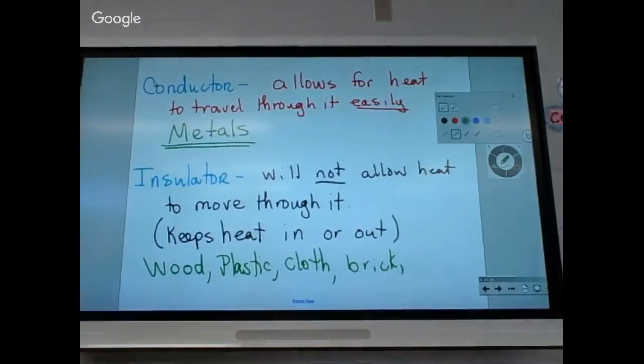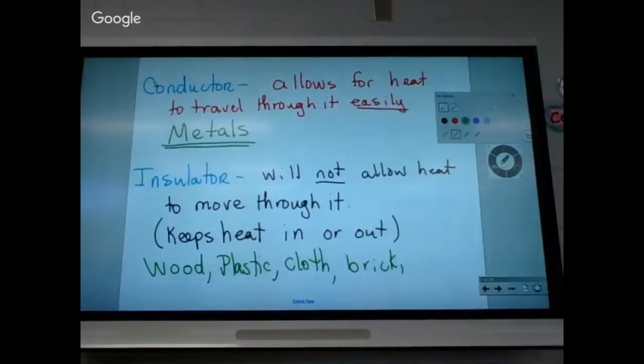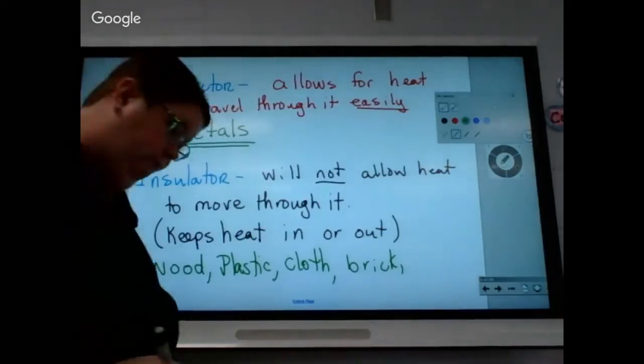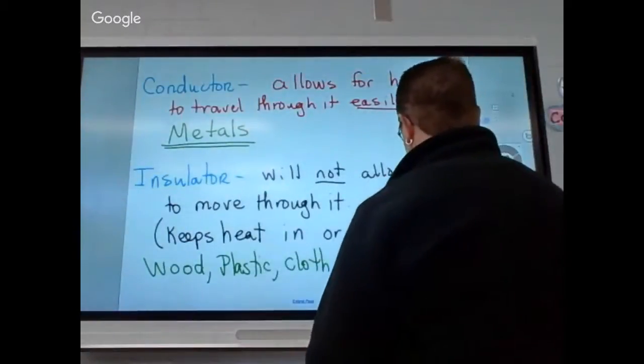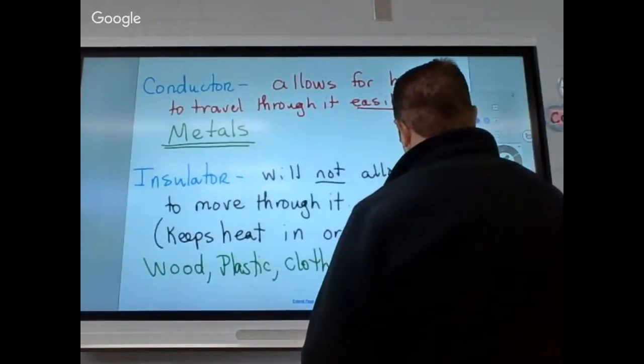Probably have some spoons, some spatulas, something made of this. Starts with an R. Rubber? Yep.